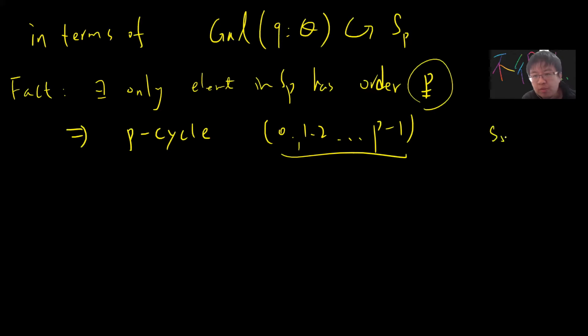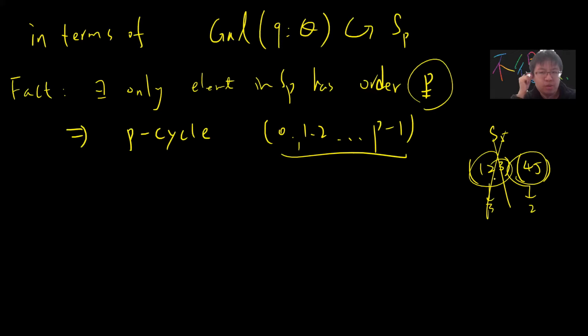For example in S5, if you have a 3-cycle and a 2-cycle, the total order is 6, not 5. So the only possibility is that an element of order p in Sp must be a p-cycle, and I can reorder it to be 0, 1, up to p - 1.